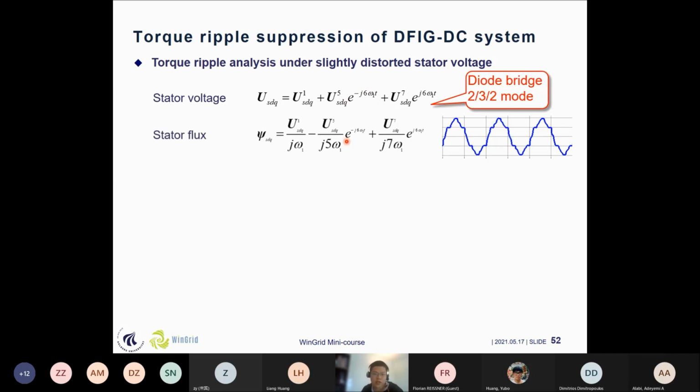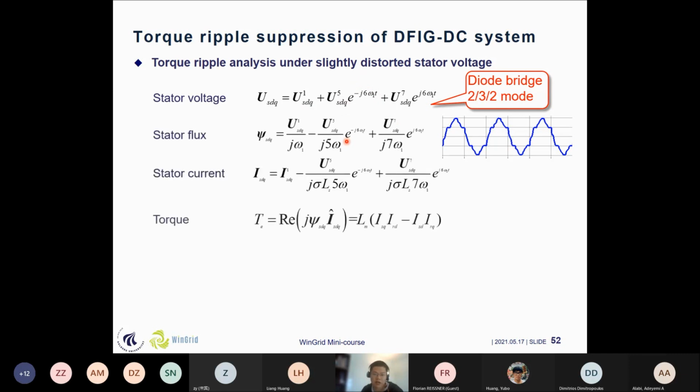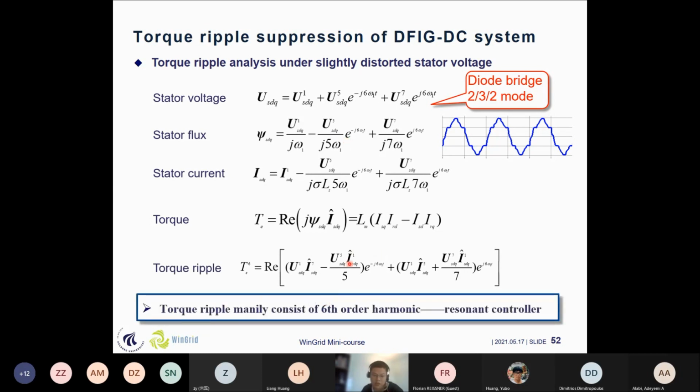So we can get the stator flux, the stator current, and the torque. We can see the torque ripple from this formula, and based on it, we see that it mainly consists of the 6th order harmonics.